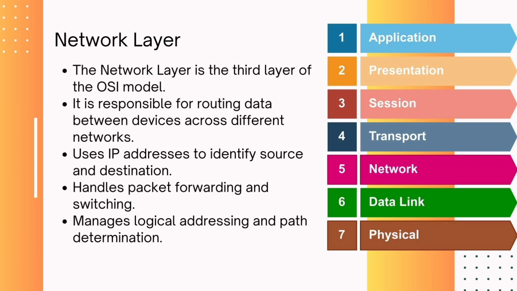For example, a class A address means that the first octet is for network and the other 3 octets are for host, where we connect the host. Or for example, in a class C network address, the first 3 octets are for network and the last octet is for host. So these were the basic things related to the network layer, and how the network layer plays its role in communicating data on the computer.